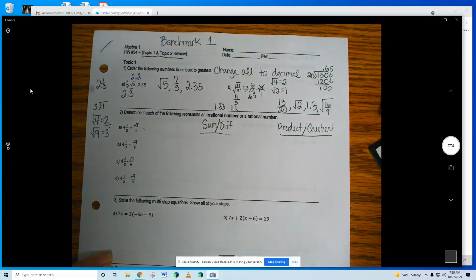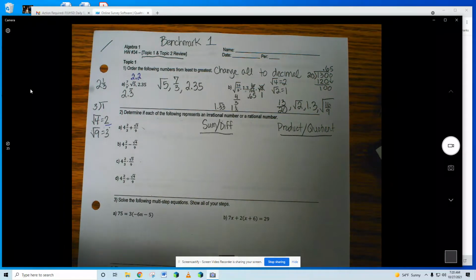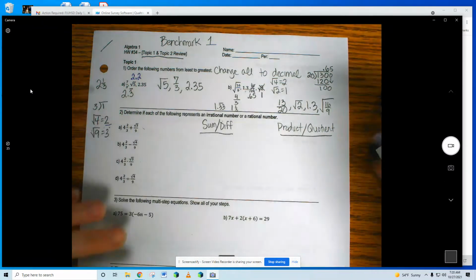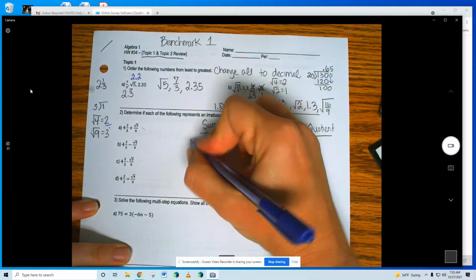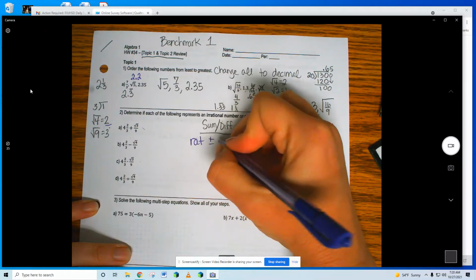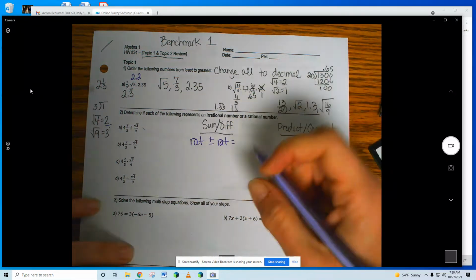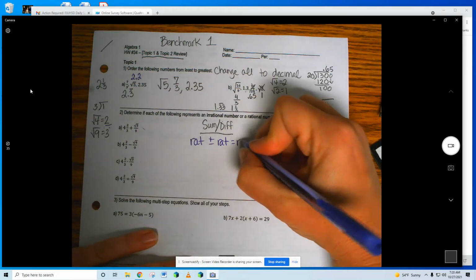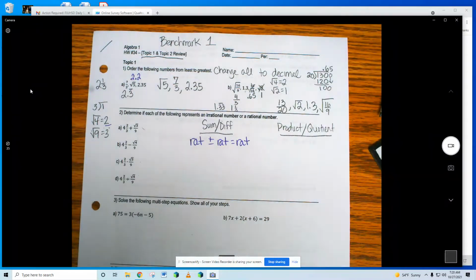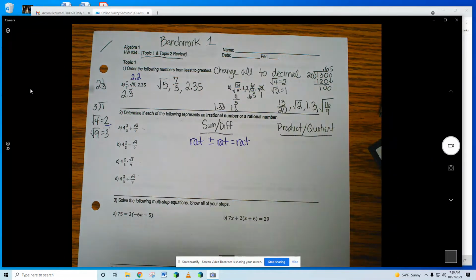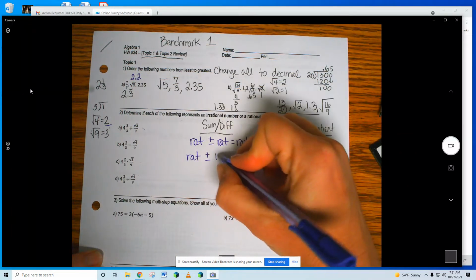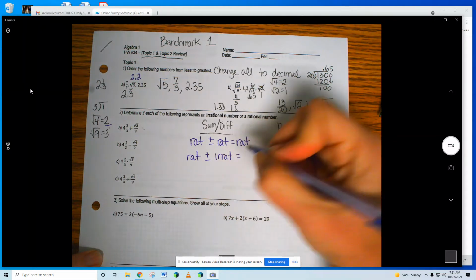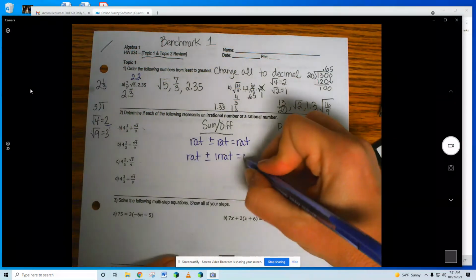Here are the rules for rational and irrational numbers. Rational plus or minus another rational always equals a rational number. The sum of a rational and irrational, rational plus or minus irrational, is always irrational.